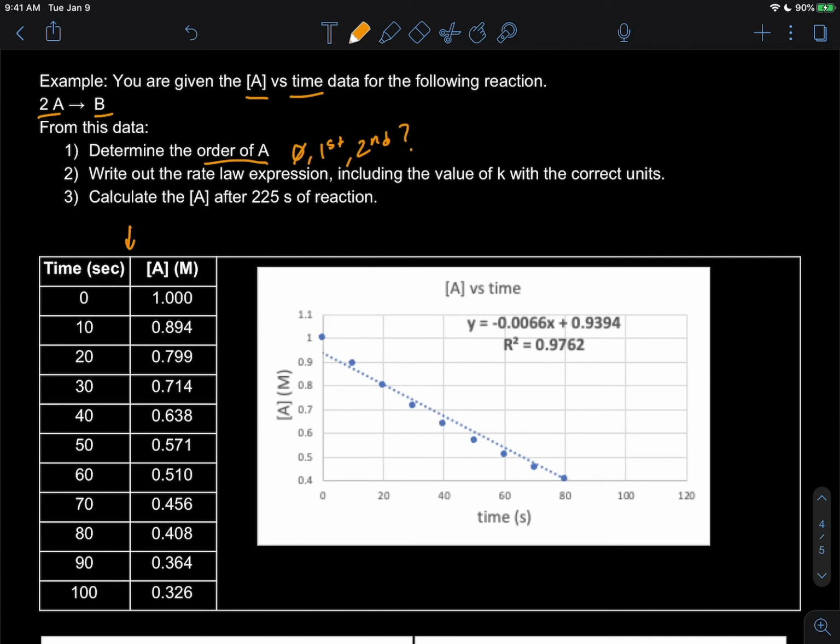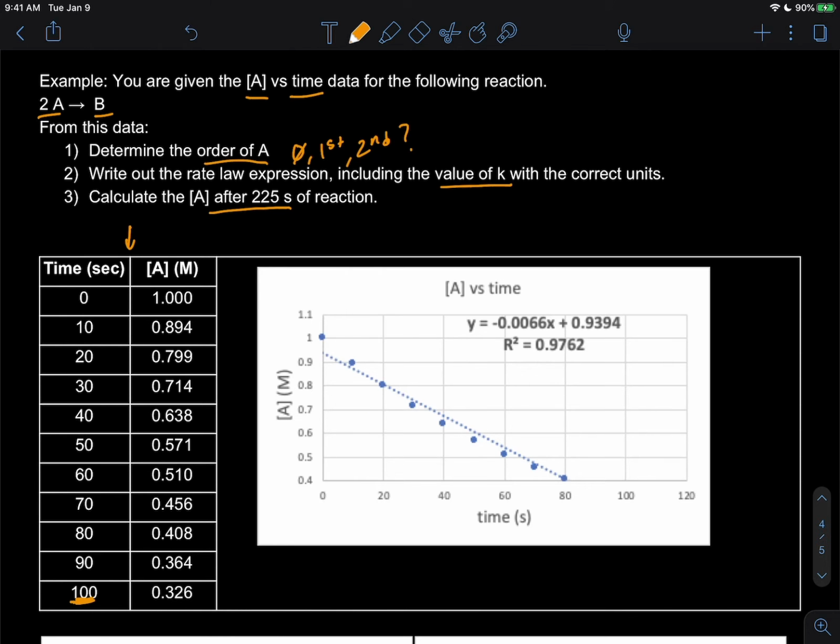Then we want to write out the rate law expression, including the value of k. So we're thinking about how we can actually identify what the k value is. And then we want to calculate the concentration of A after 225 seconds of reaction, because we notice we only have data to 100 seconds. So now we're going to put all these three pieces together in identifying some information from just experimental data.